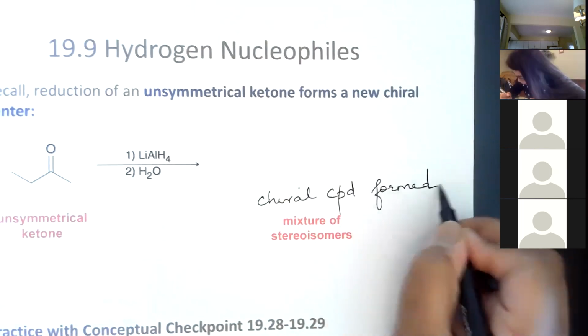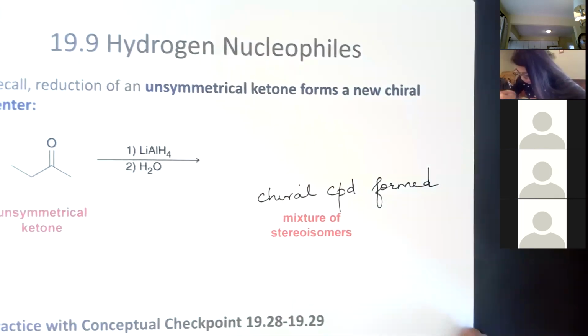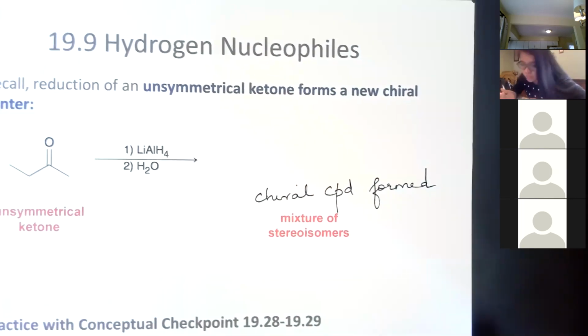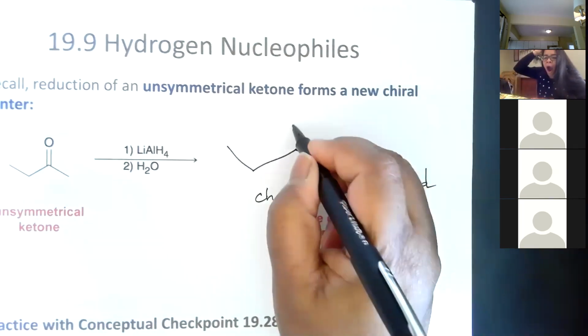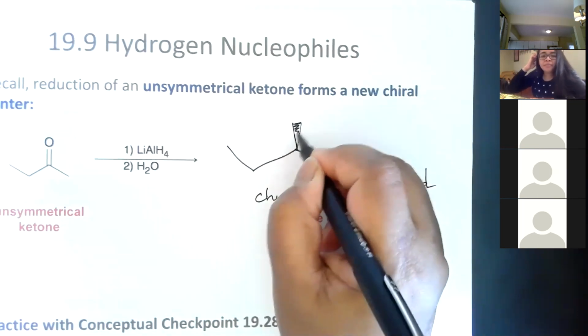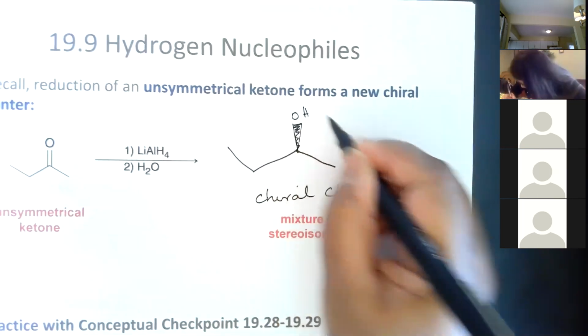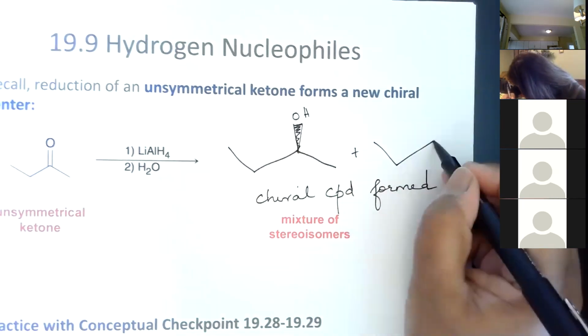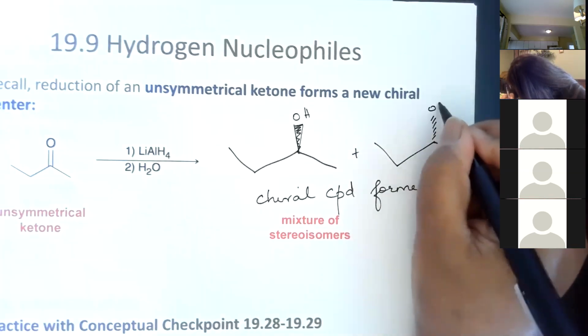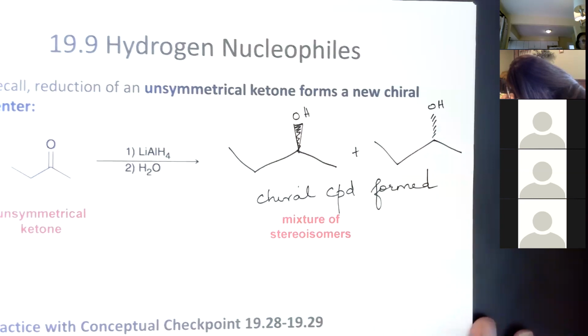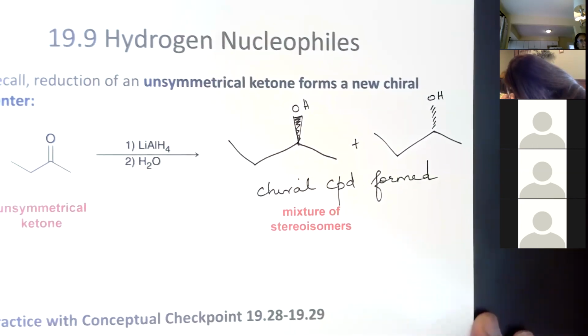And because the attack can be from the top and from the bottom, like SN1, you can have an R and an S. Okay.